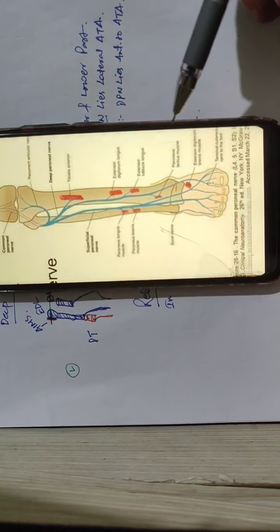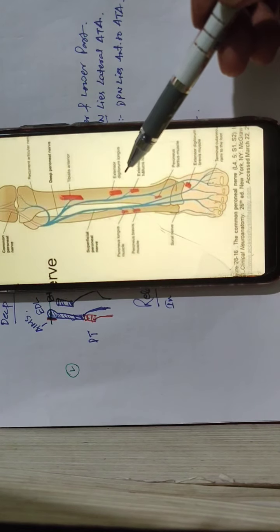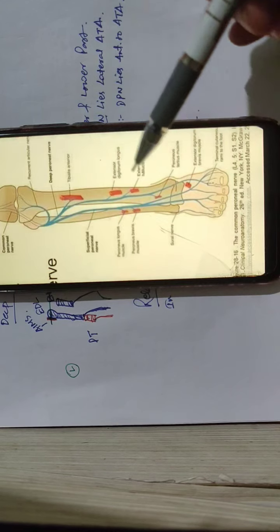Again I repeat, in the deep peroneal nerve, what are the branches? The muscular branch: tibialis anterior muscle, extensor digitorum longus muscle, extensor hallucis longus muscle, and peroneus tertius muscle. These are the muscles of the anterior compartment of the leg, and these are supplied by the deep peroneal nerve.